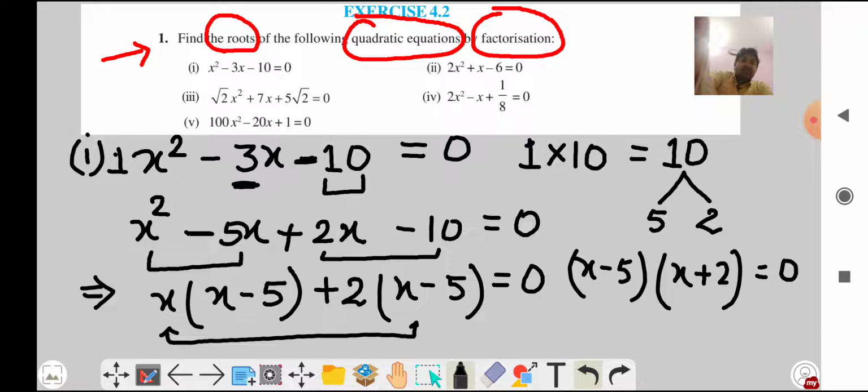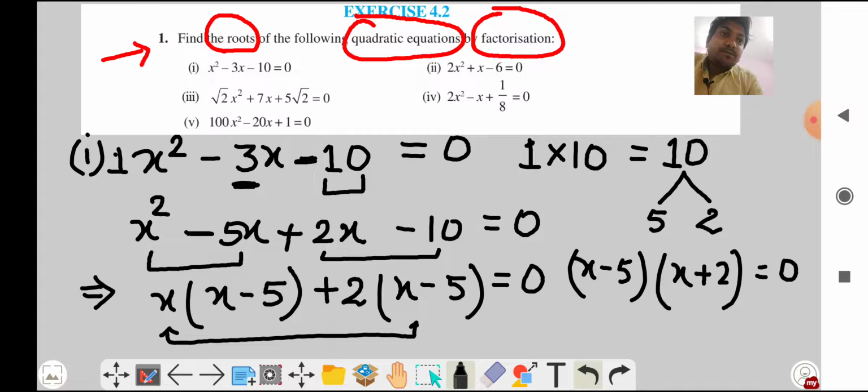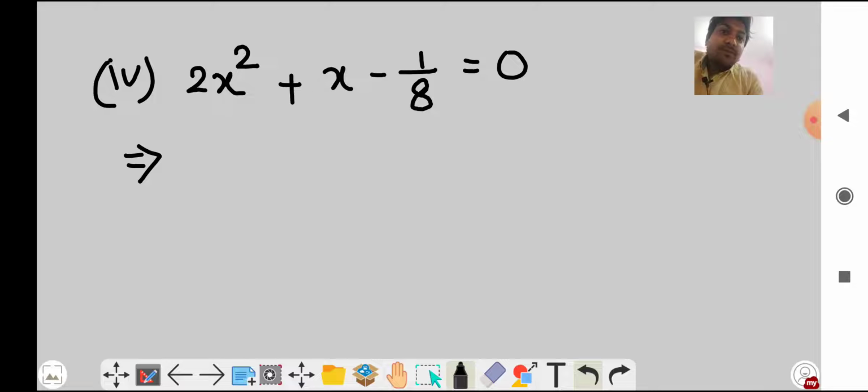2x square minus x plus 1 by 8 equals to 0. Just to simplify it, minus x, here it is minus x, and here is plus 1 by 8 equals to 0.